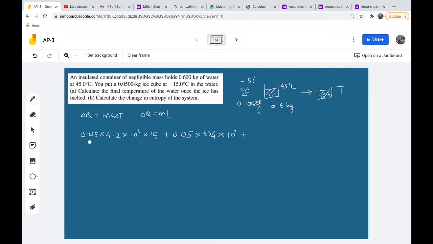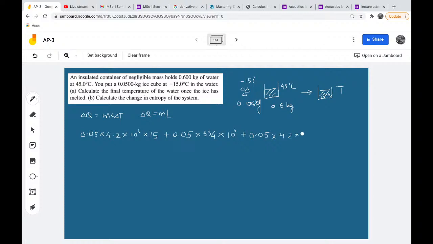Now here the ice temperature has risen from minus 15 degree to 0 degree. Here the ice has melted. Now after melting, the temperature will again rise to some final temperature. So I will have to write that term as well. So it will be 0.05, mass remains the same. As I said, now it is water, so it is the specific heat of water, 4.2 into 10 power 3.